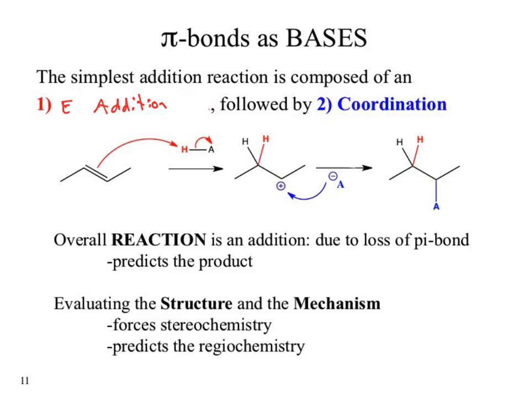Why not? Because it's symmetrical. Not really. And yes, it's symmetrical. That's not why I'm saying not really. For me to worry about it, what would have to be a result of the loss of the pi bond?